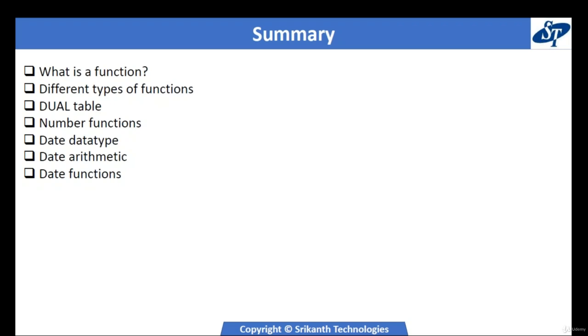But even there, you get a fraction that indicates the amount of the next day that is completed. So 3.5 is like 3 days and 12 hours, because 0.5 of the next day is equivalent to 12 hours. And date functions like add months, months between, last day, next day, they're all useful. We can use them in a good number of cases.